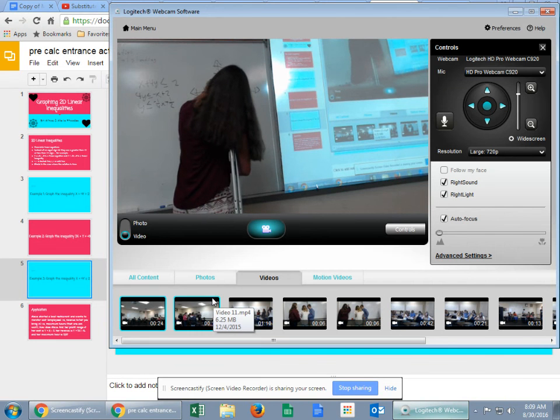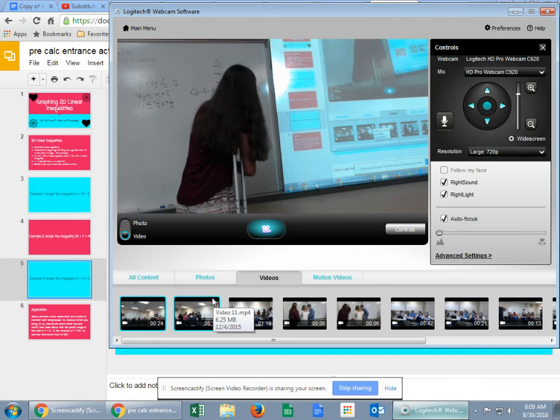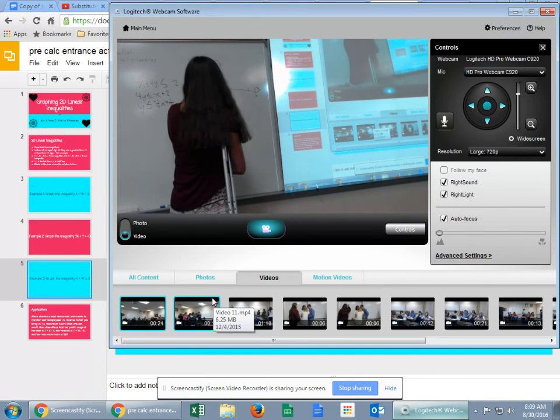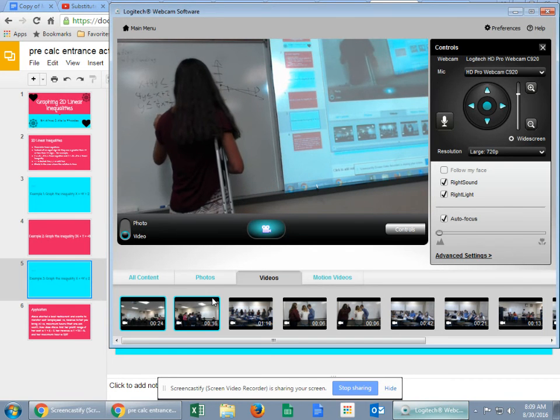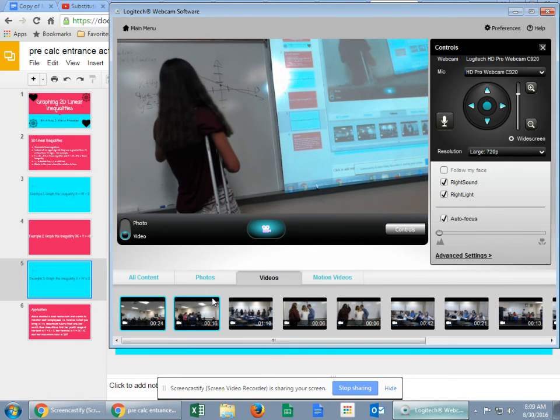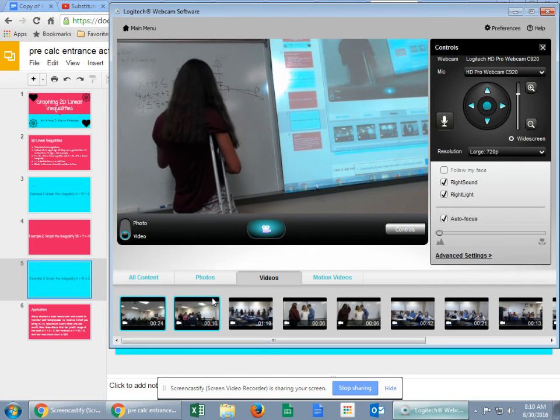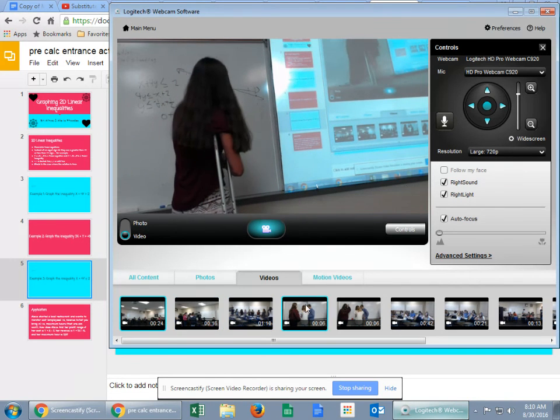Plot 1/2, then down 1 over 1, 2, 3. So since it's less than or equal to, it's a solid line. Plug in 0, 0 again. Is 0 less than or equal to 2?